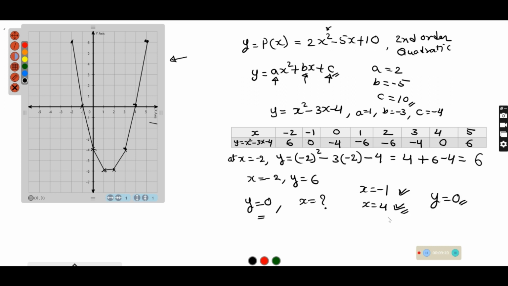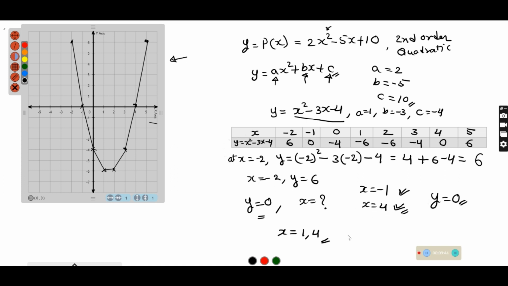Then what we call, for this polynomial equation x square minus 3x minus 4, the roots are minus 1 comma 4. We have two roots, since both roots satisfy y equal to 0. Clear, right?